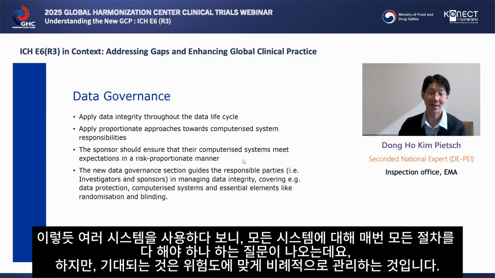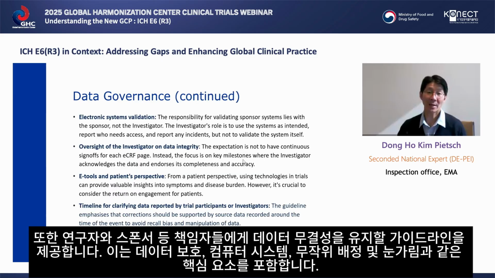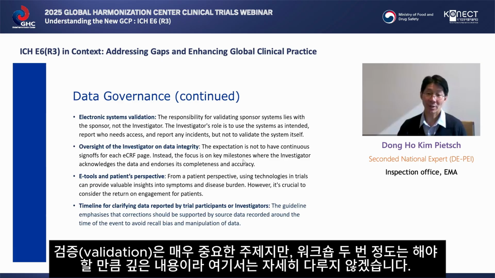The expectation is to do this in a risk-proportionate manner. It also provides guidance to the responsible parties, i.e. investigators and sponsors, to maintain data integrity, covering data protection, computerized systems, and essential elements like randomization and blinding. On validation, we could have a whole workshop, so I'm not digging much into this area.